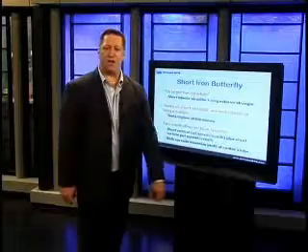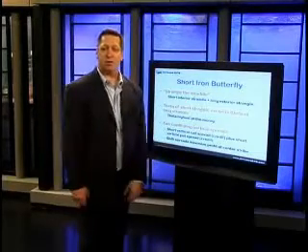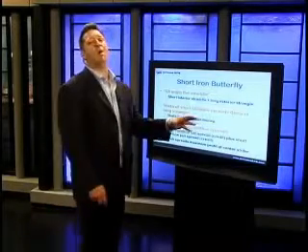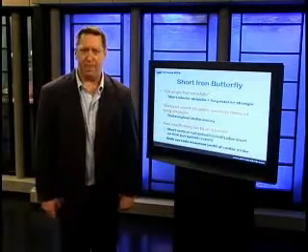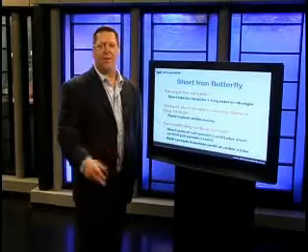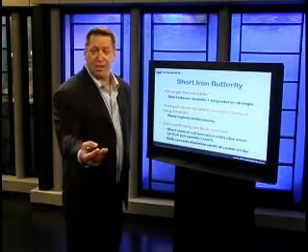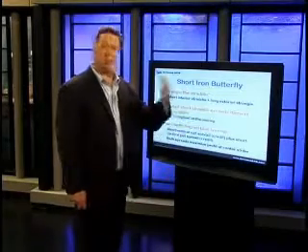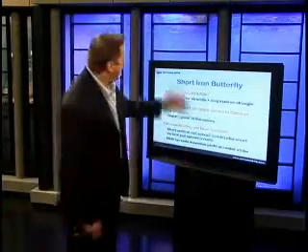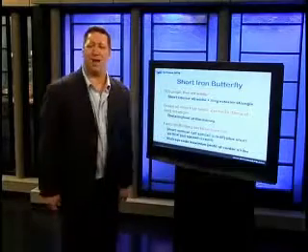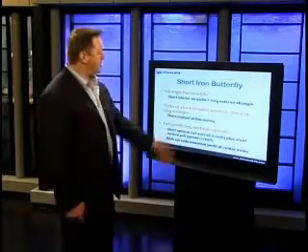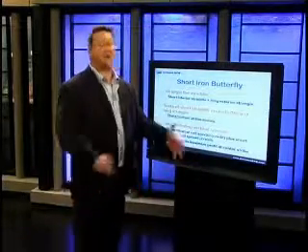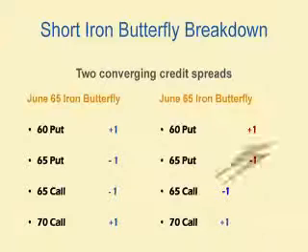All the short iron butterfly is, when you want to look at its vertical spreads, is I'm going into my conventional butterfly, I'm taking away the debit vertical spread, and I'm replacing it with the synthetic equivalent short vertical spread. Do that with either the call butterfly or the put butterfly, and you wind up with the short iron butterfly. That's all this is. It's just a synthetic reorganization of your conventional butterflies. Thus, it has to be equal to the others.